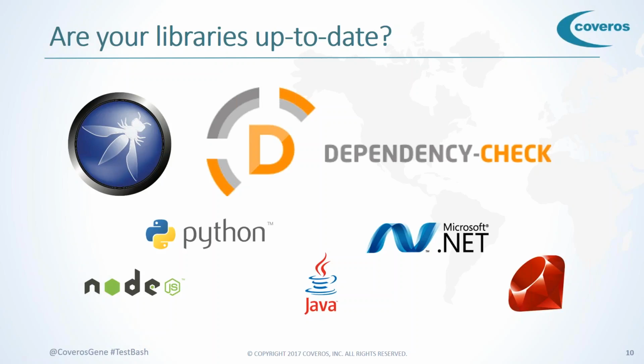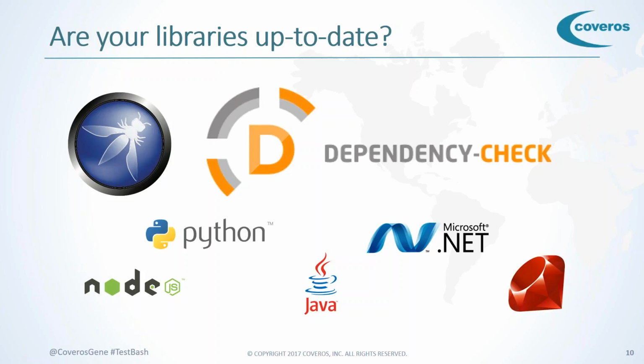OWASP has had using components with known vulnerabilities on its top 10 for a little while. It is what caught Equifax, right? Having something like OWASP dependency check in their pipeline, or if you're commercial, using something like Nexus, the Nexus lifecycle or whatever they're calling that now from Sonatype, can do the same type of check to identify components you're using with known vulnerabilities, or even what's using those vulnerabilities.